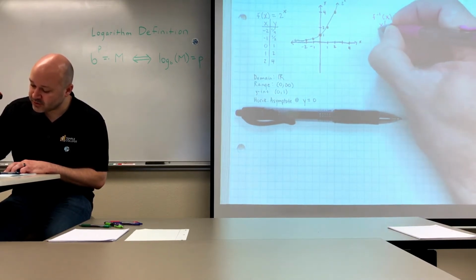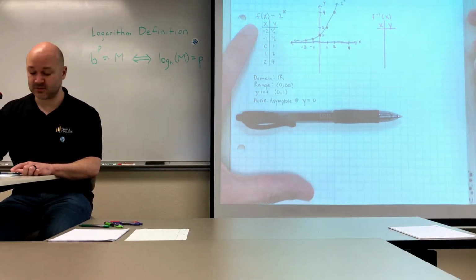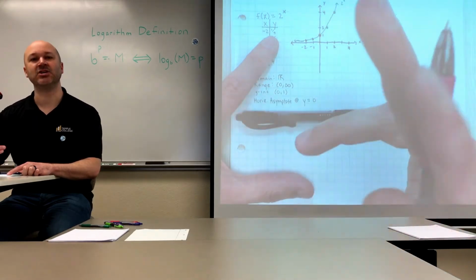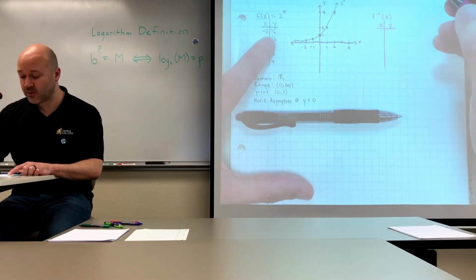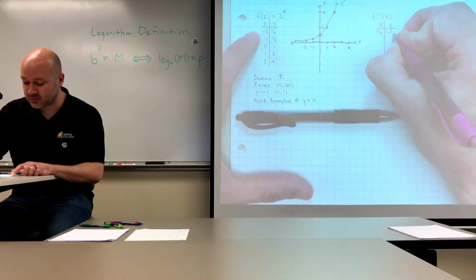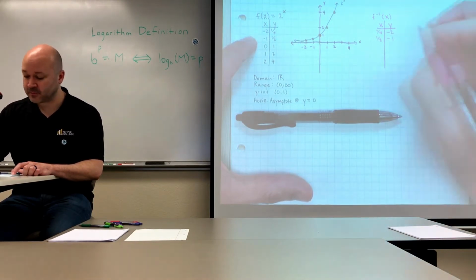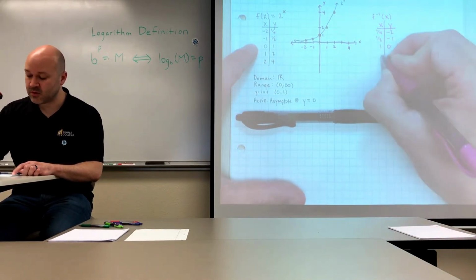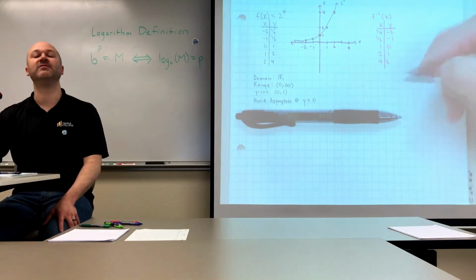So, I'm just going to take the values I already know from my exponential function, my x's and y's, and interchange them. So instead of -2 mapping to 1/4, 1/4 will map to -2. 1/2 maps to -1. 1, 0. 2, 1, and 4, 2. These are points on the inverse function.